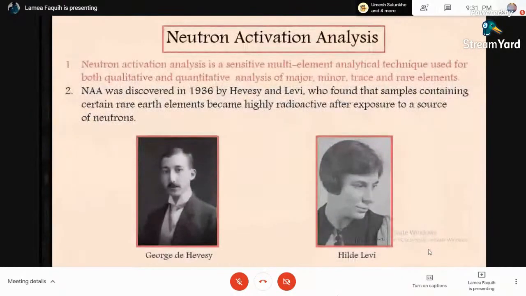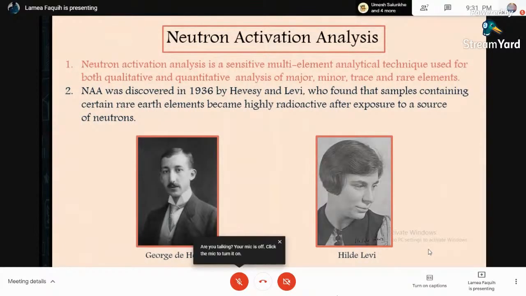So now let us understand neutron activation analysis. Basically, neutron activation analysis is a sensitive multi-element analytical technique which is used for both, as I said, qualitative and quantitative analysis of major, minor, trace, and even rare elements.